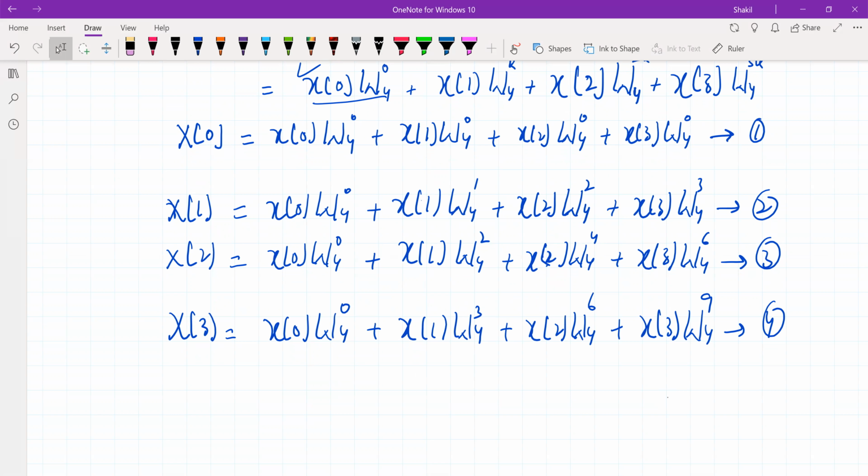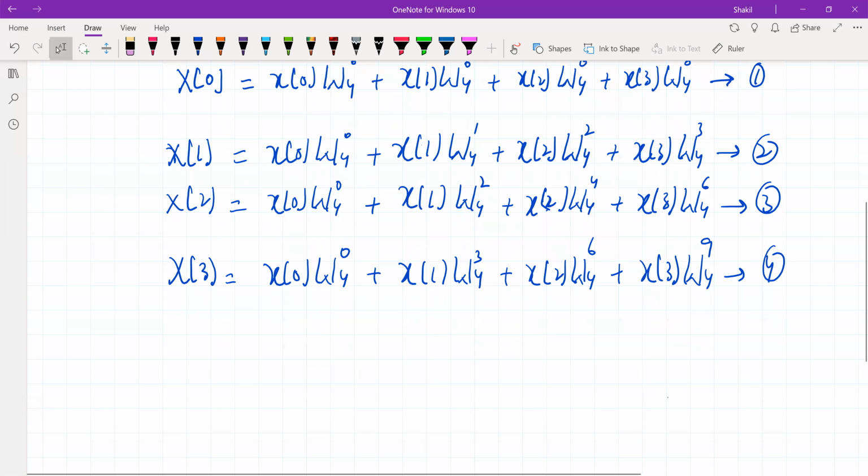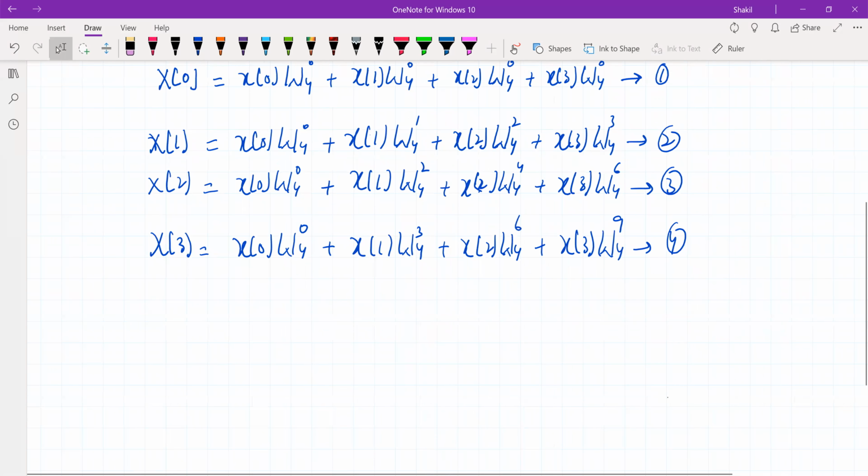Equation 1 contains X of 0, equation 2 contains X of 1 with k equal to 1, in the same way equation 3 contains X of 2, and equation 4 contains X of 3. Now we'll arrange these terms as a matrix.